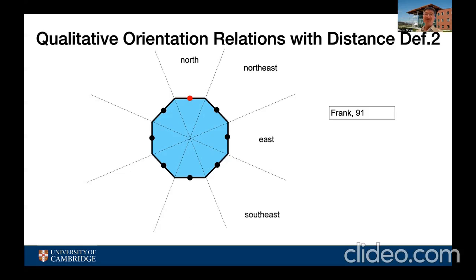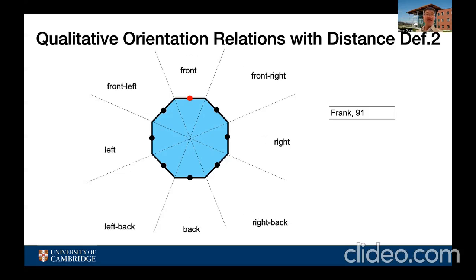If we replace these names using front, left, right, this way, it is an egocentric framework, as Hernandez defined in 94. This means we're using distance comparison, and we can enumerate all these qualitative orientation frameworks in the literature, even generate new ones.